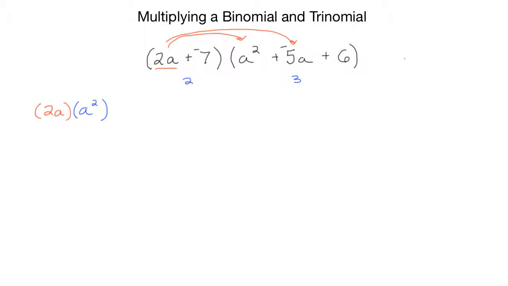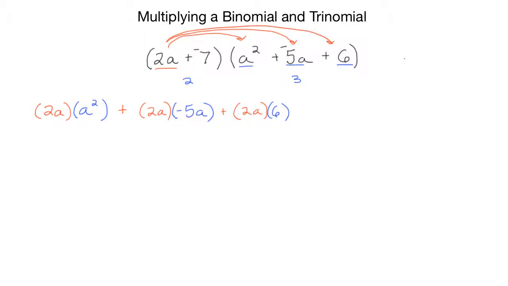So we've still got plus, but now I've got the 2a being multiplied by negative 5a. All right, now the 2a also multiplies by that 6. So plus 2a times the 6. There we go. There's 3 things because this one term multiplied by each of these 3 terms.